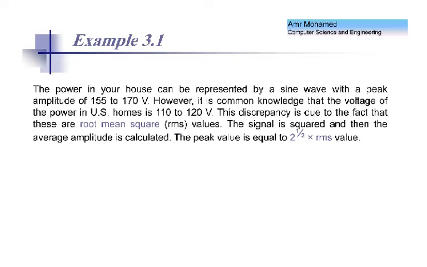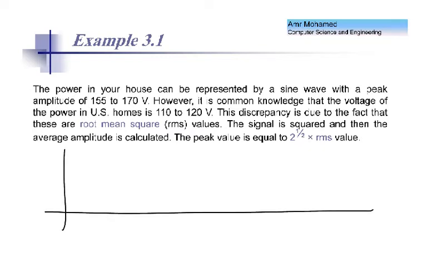And we know that in the States, for example, the voltage level is 110. And here in the Middle East, we usually use 220, right? So this is supposed to be the peak.